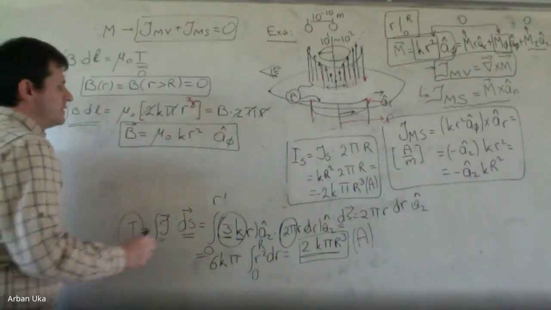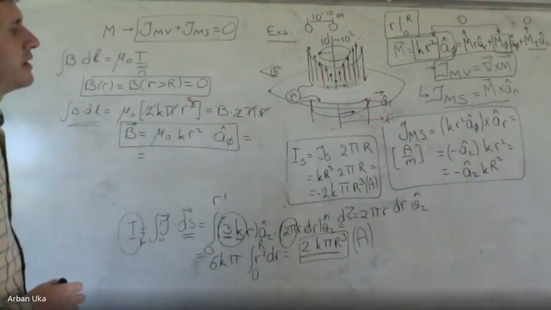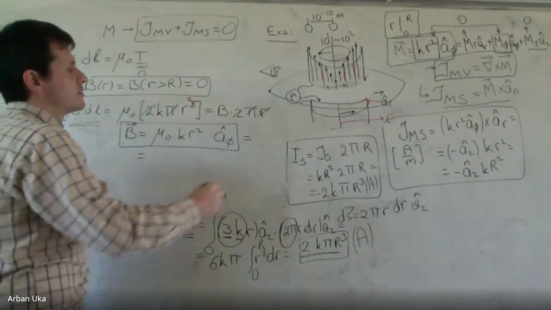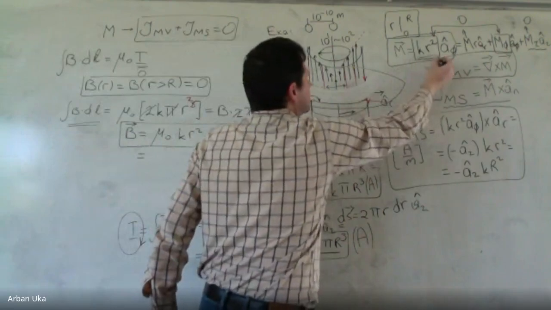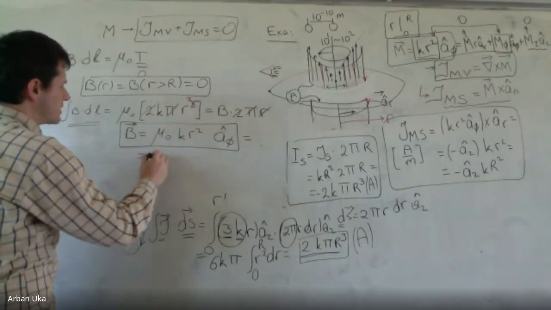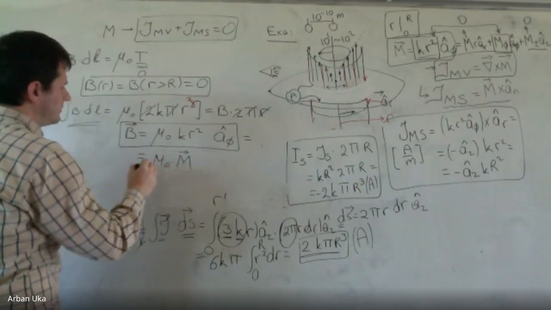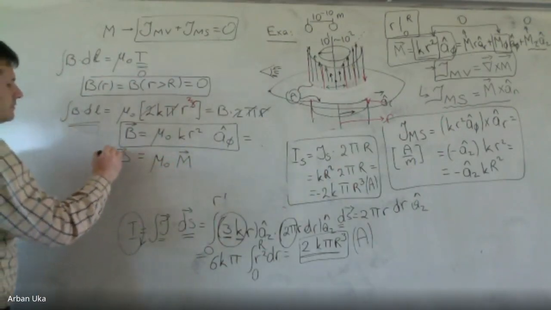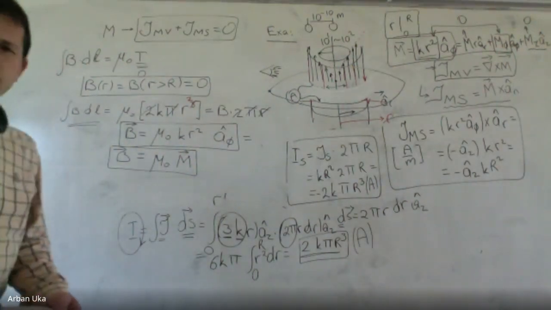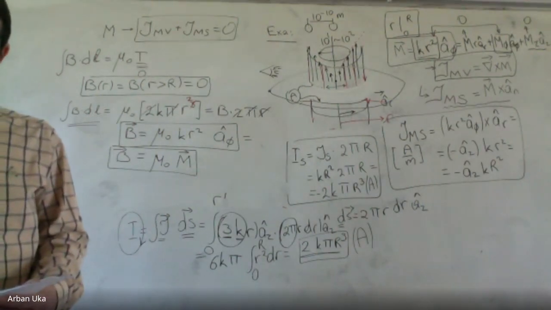And at the same time, we can also have a look at this. The k R squared as a magnitude is equal to the magnetization. If you go back for a moment and see what was given initially, this magnetization, we can also write it like this. So this is mu 0 times L. Okay, so this is the end of this other example or exercise.